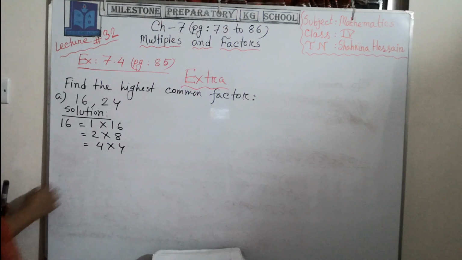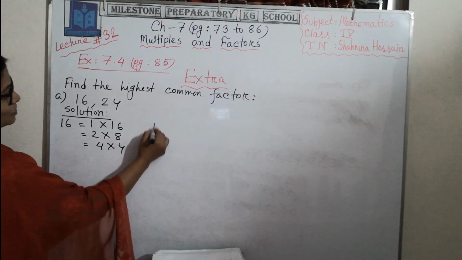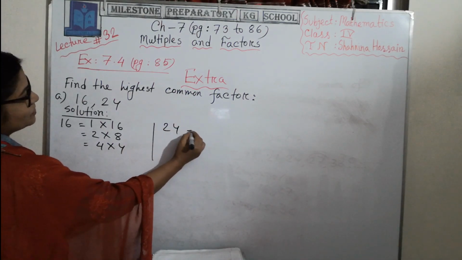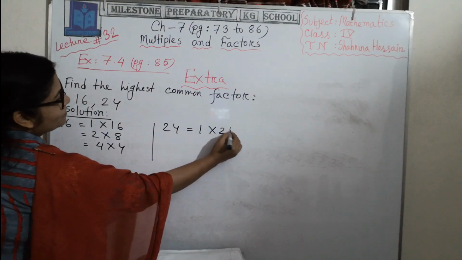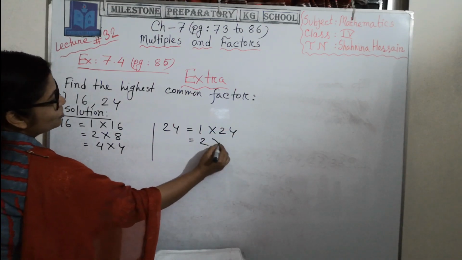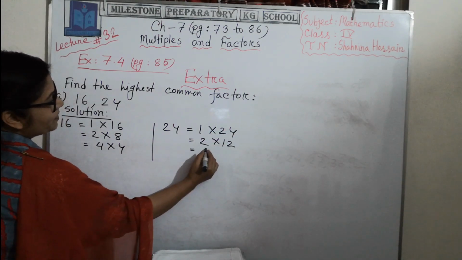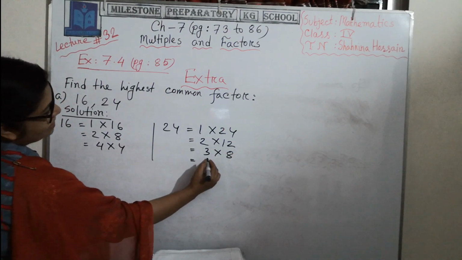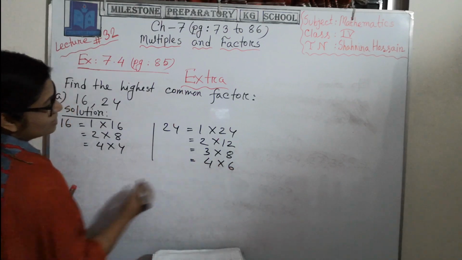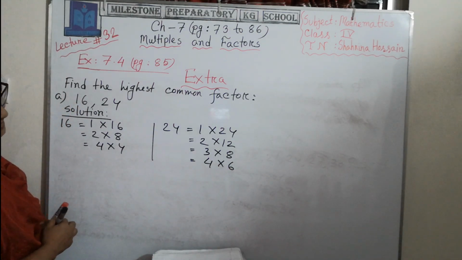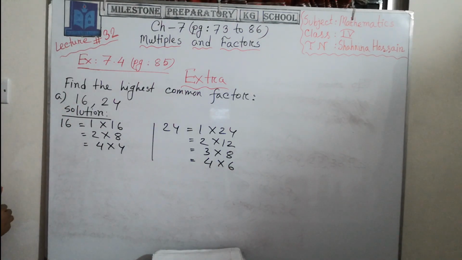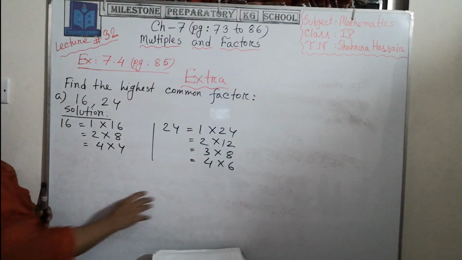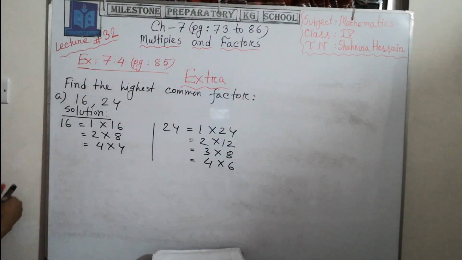I hope that's enough. Now 24. 1 24 is 24, then 2 12s are 24, then 3 8s are 24. After that 4 6s are 24. Can we find more? I hope it's enough.